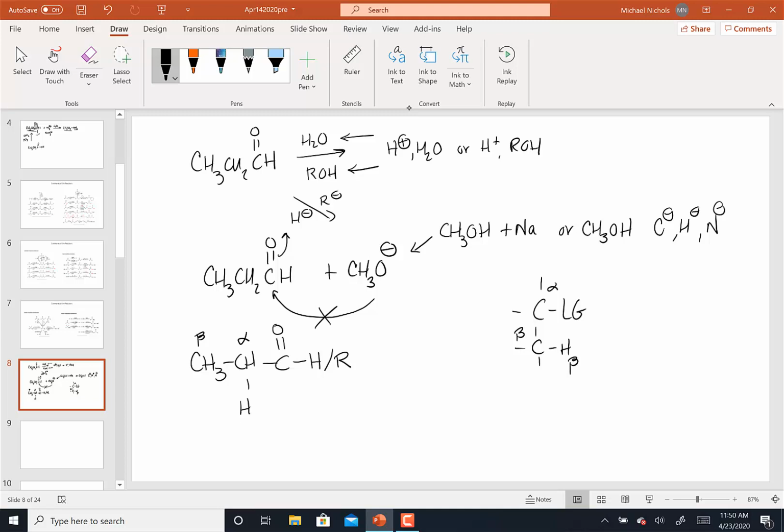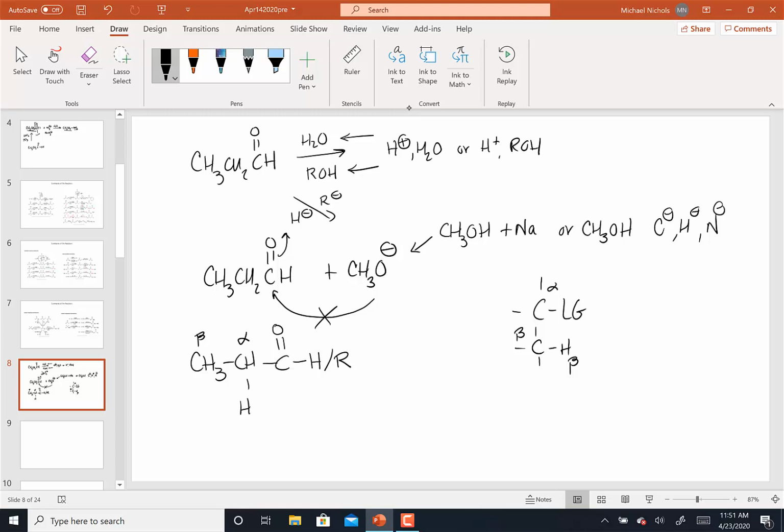So I'm changing the alpha-beta terminology a little bit here, so that when we have a carbonyl group, the carbonyl is not alpha; the carbon attached to the carbonyl group is the alpha carbon.